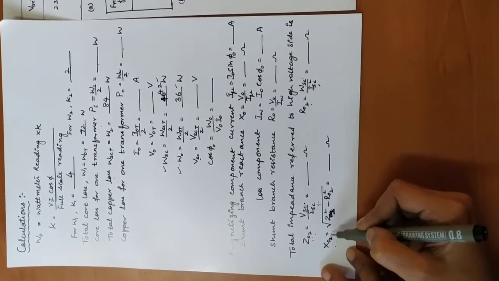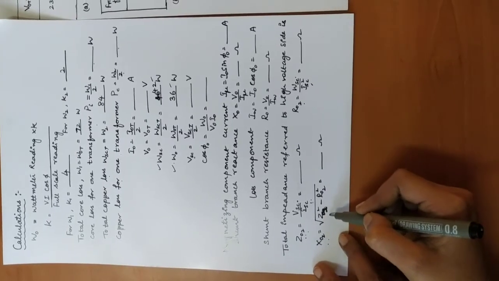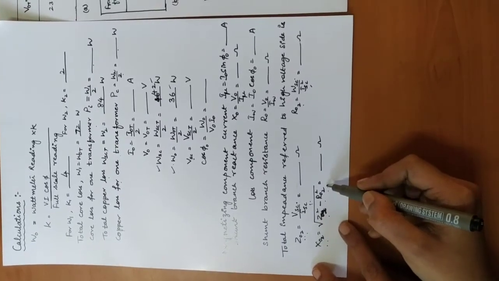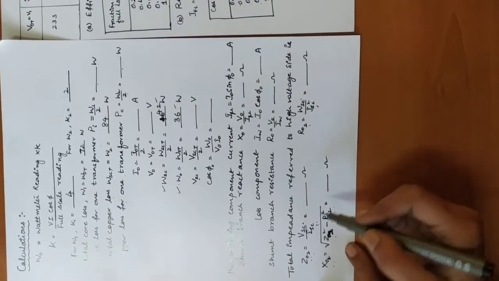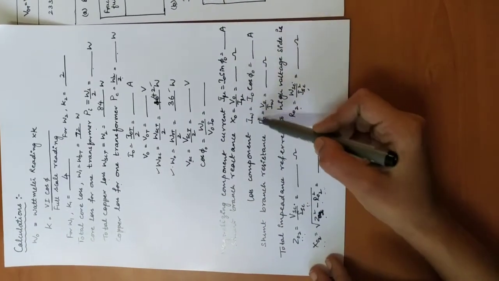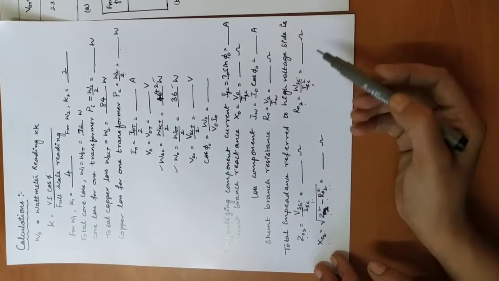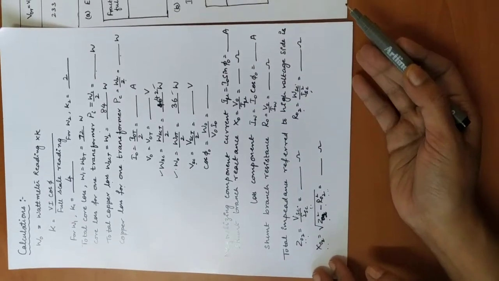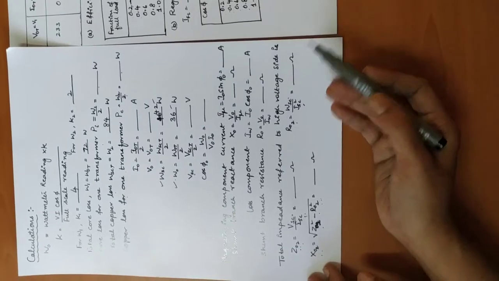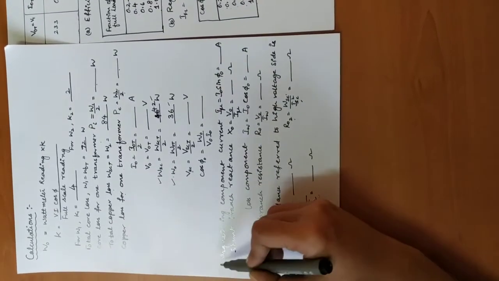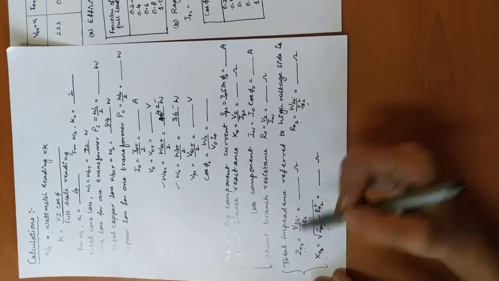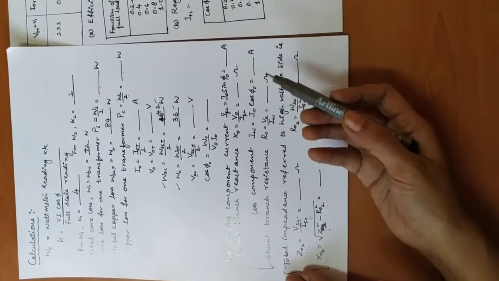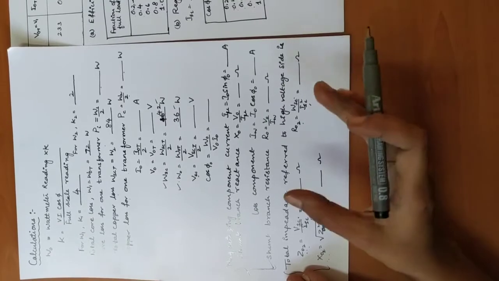X02 is nothing but the square root of Z02 square minus R02 square, which is expressed in ohms. Why do we do this particular calculation? If it is referred to the primary side, we require this calculation just for the no load circuit, while this is for the short circuit. For the no load circuit, you will find in the equivalent circuit there is a shunt branch component.